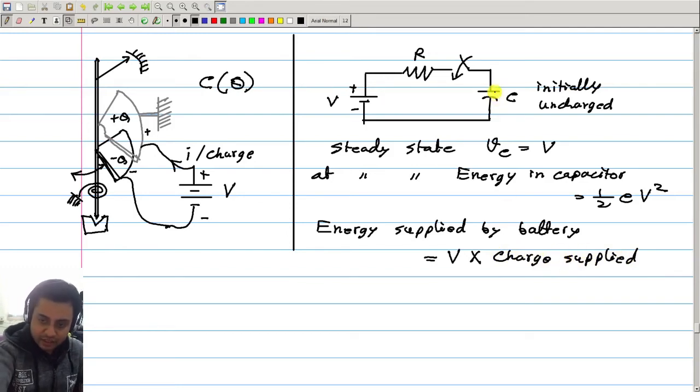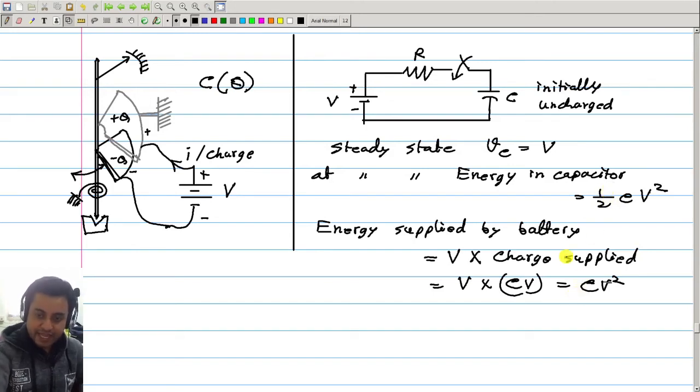That is Q equal to CV. So CV multiplied with V is equal to CV square. So here CV square amount of energy is supplied by the battery, but finally stored energy in the capacitor is half CV square. So what happens to the remaining half CV square? That is lost. Energy is dissipated due to the resistance. Excellent.